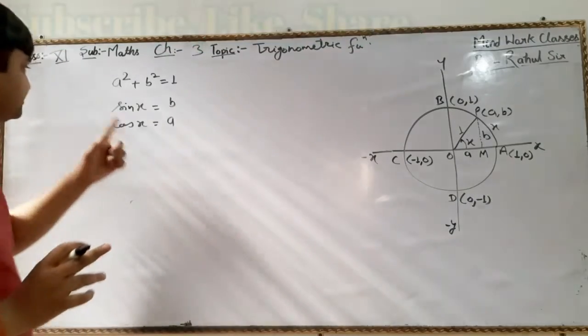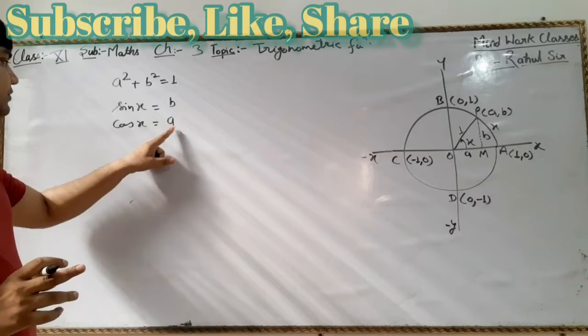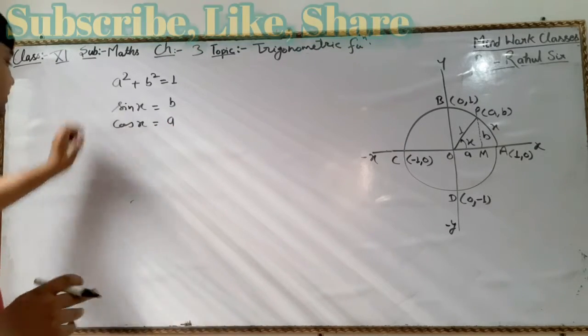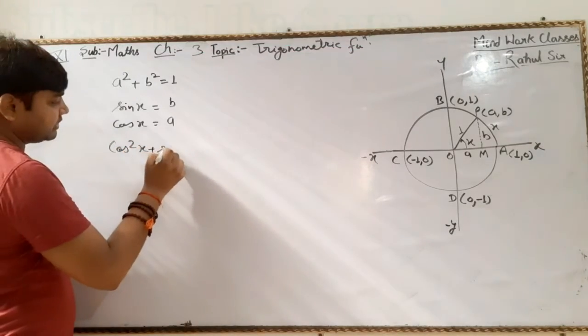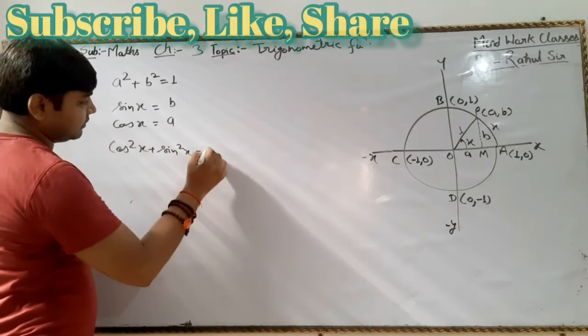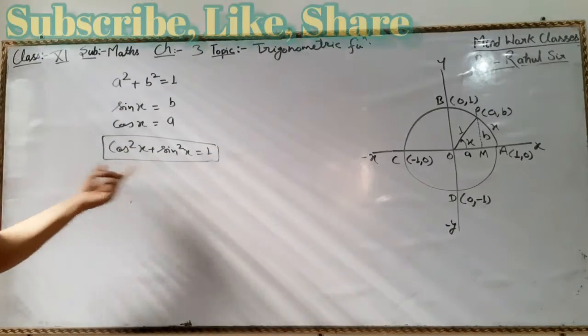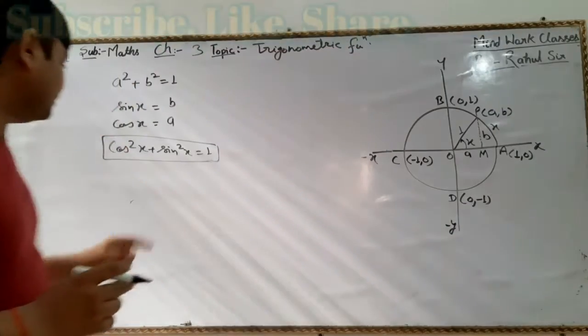So we see that b is equal to sine x and a is equal to cos x. If we replace these values in this equation, what do we find? Cos square x plus sine square x is equal to 1. And this is how we find this formula.